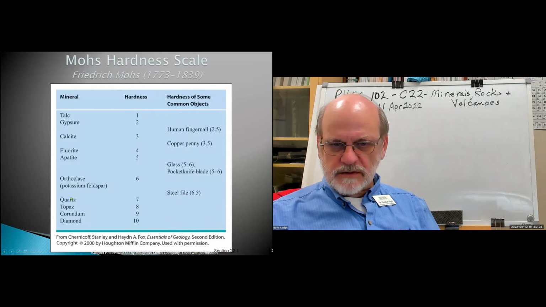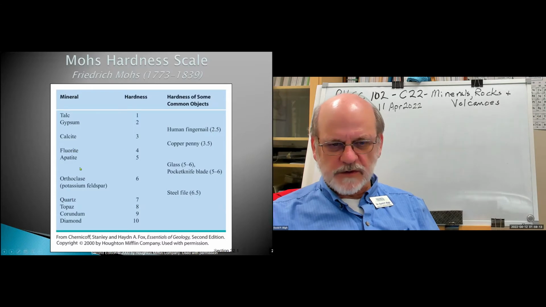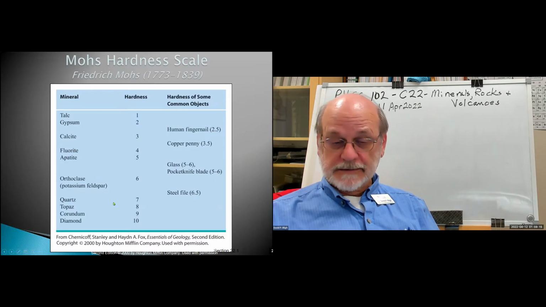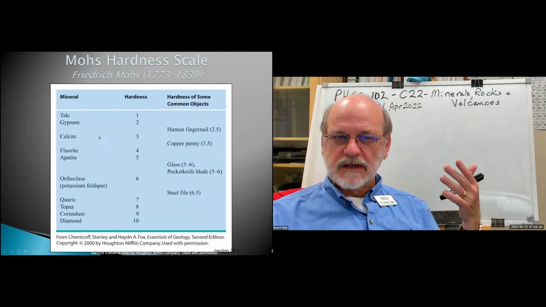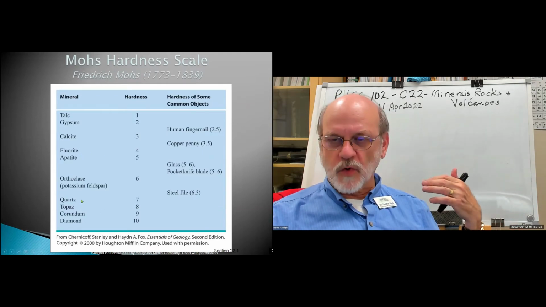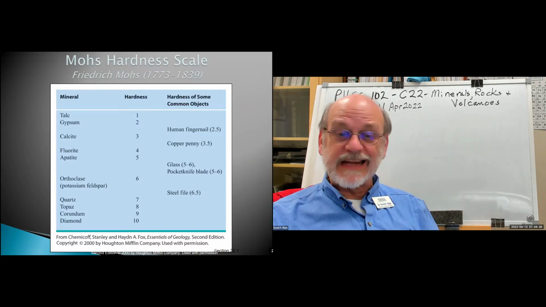There's quartz, and I was looking for another one. Fluorite. Is that the one I'm looking for? So it's a lot softer than quartz. So that calcium fluoride mineral is much softer than quartz. That's why I had to be careful with it as a lens when I was cleaning it.